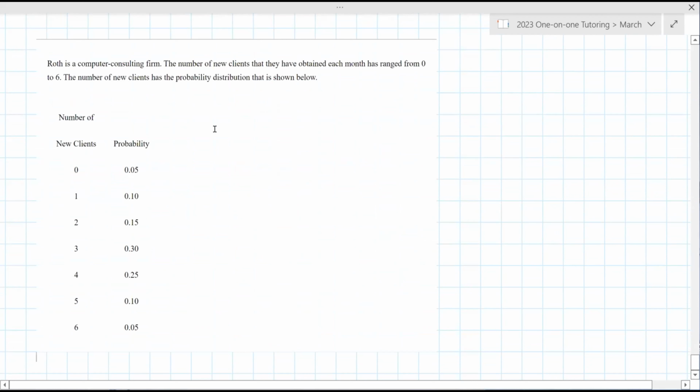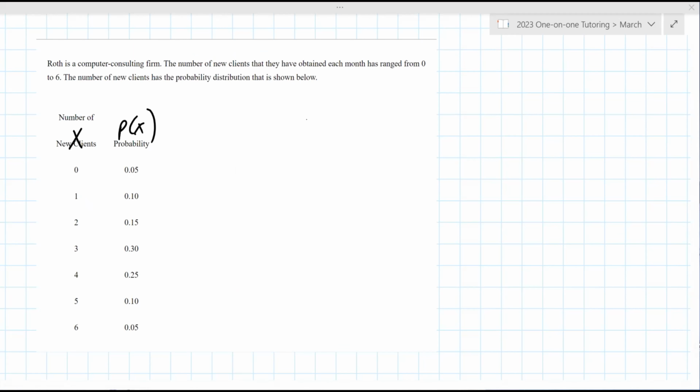They give you X and they give you P of X here. It's some scenario, but you don't really care what the scenario is. You just need to know that it's X and P of X. So this one asks for the variance.